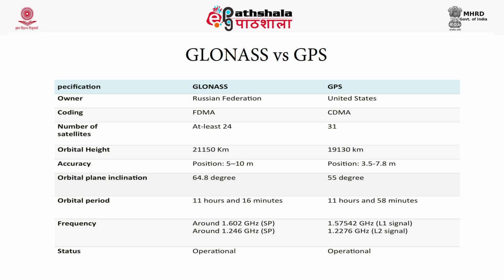The accuracy is also comparable, with GLONASS between 5 to 10 meters and GPS between 3.5 to 7.8 meters. The orbital plane inclination of GLONASS is 64.8 degrees, while GPS is 55 degrees. The orbital period of Russian based GLONASS is about 11 hours and 16 minutes, while that of GPS is 11 hours and 58 minutes. Currently, both of these are operational.